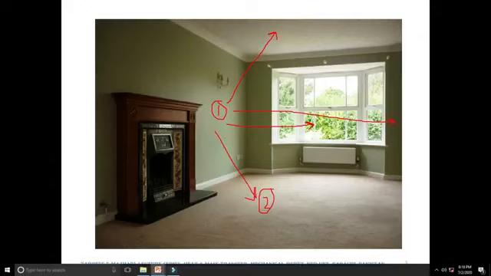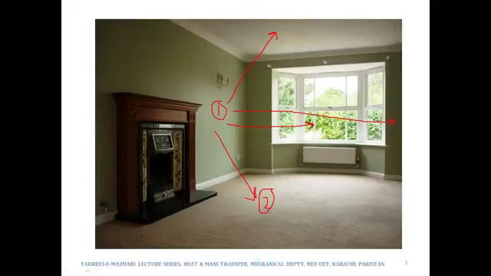So all the radiation which is leaving 1 is not being incident upon 2. So what we need to do is find out that fraction of radiation which is leaving 1 and is directly striking surface 2, because that is the portion of radiation, rather fraction, which would be responsible for radiation heat exchange between 1 and 2.